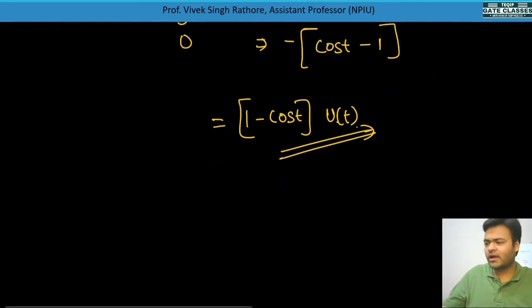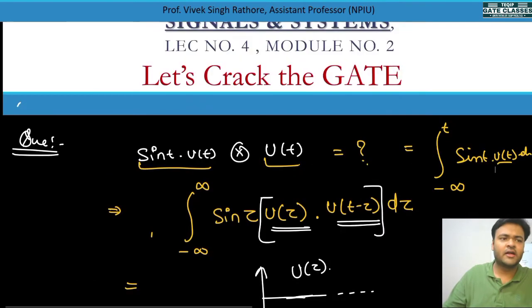So what I told you earlier is also verified from this question: any signal convolved with u(t) is the same as the integration from minus infinity to t of that signal.